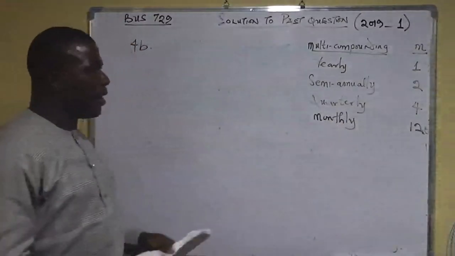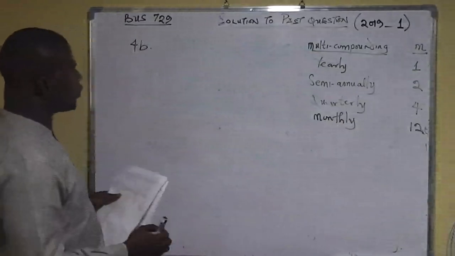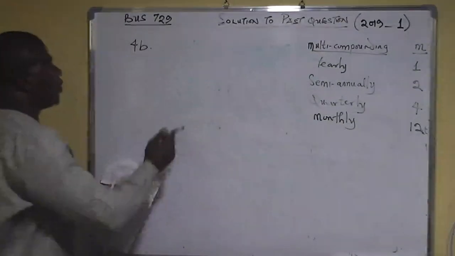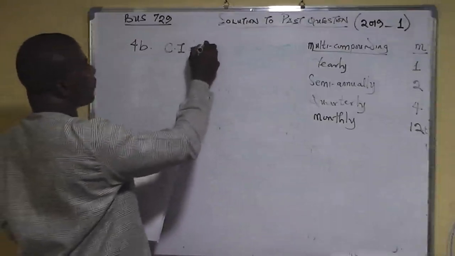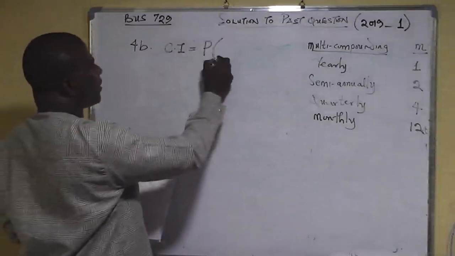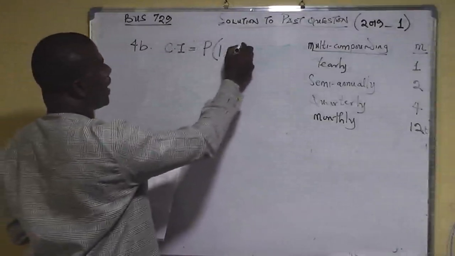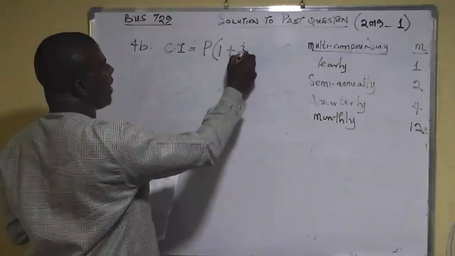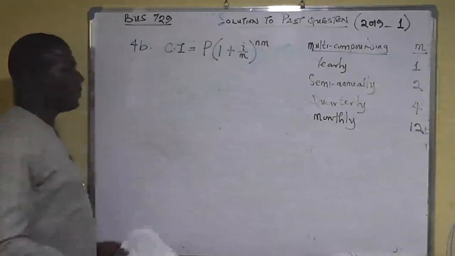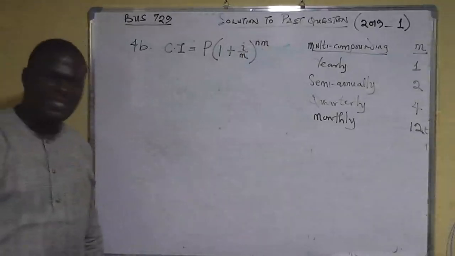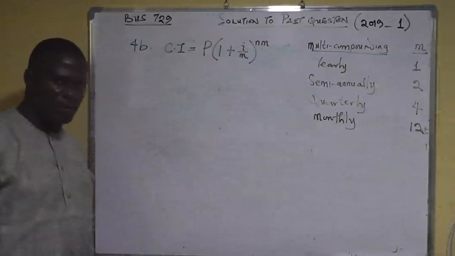So now, of course, when you are doing compound interest, your formula for compound interest is principal into 1 plus I over M, raised to power N times M. That's if it is multi-compounding.